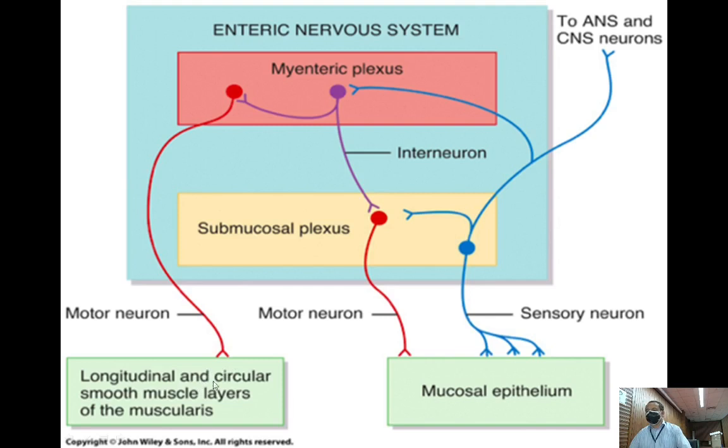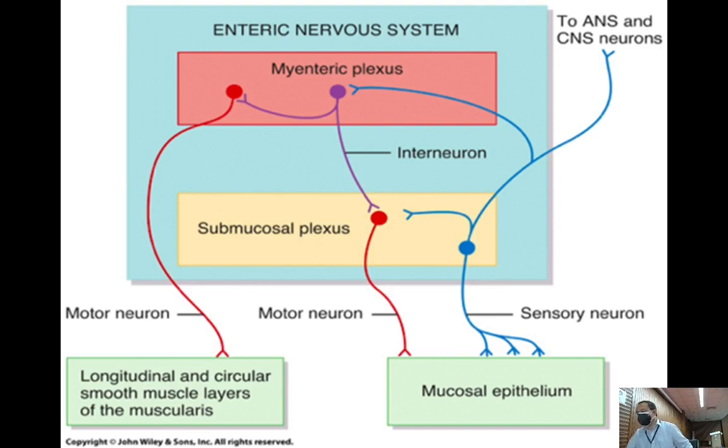As you can see, parasympathetic causes movement of the gastrointestinal tract and relaxation of the sphincters. So it is important in propelling the chyme, or the food bolus, from one part of the GIT to another.